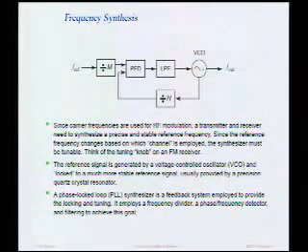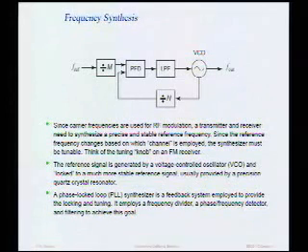If you've been in the lab and you've done an experiment, and the experiment was set the input to 10 kilohertz with an amplitude of 1 volt, well, inside that little machine there's a frequency synthesizer that generated that tone for you. In a wireless communication system, we often use a frequency synthesizer to generate that LO, that local oscillator, which is used in the mixer, let's say for frequency translation.